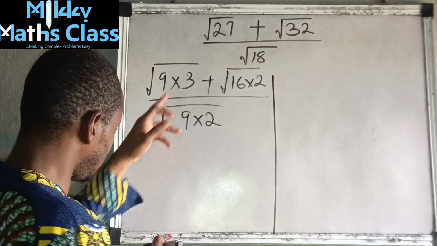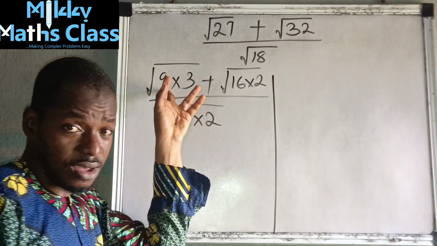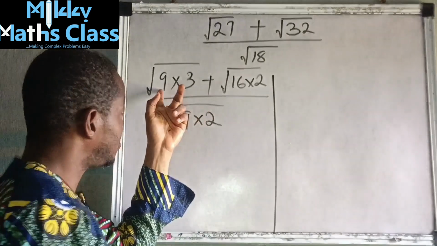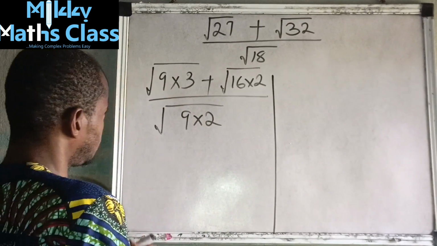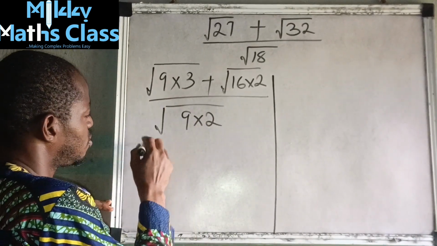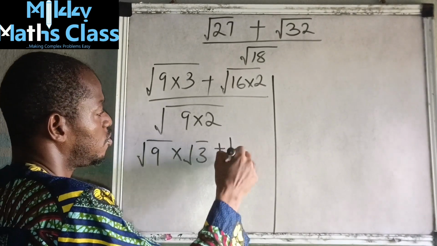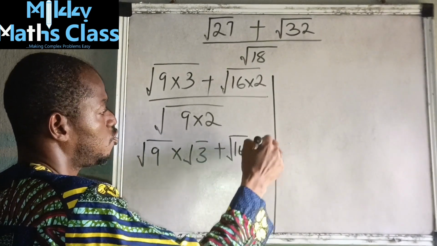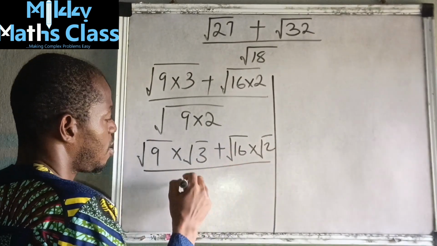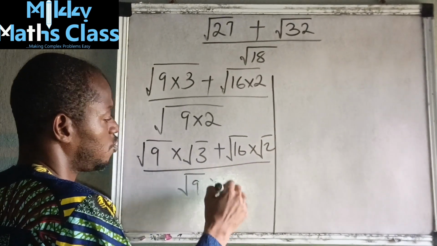Now, square root of 9, which number will I multiply twice that will give me 9? That's 3. So this is root 9 times root 3 plus root 16 times root 2 all over root 9 times root 2.